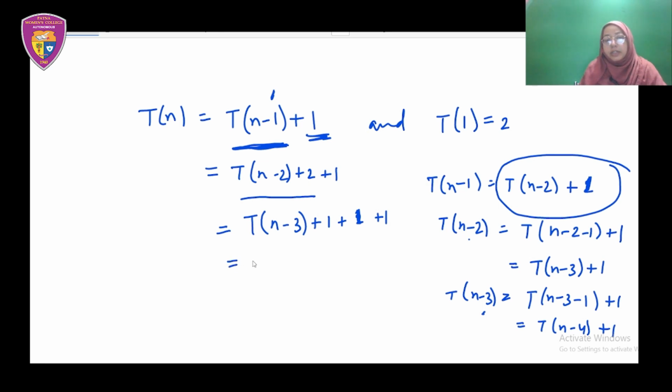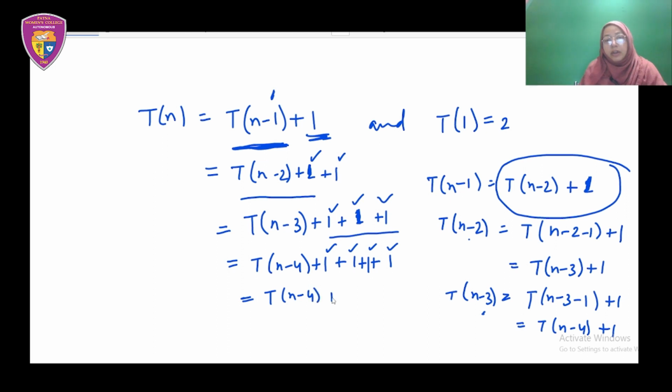So we put here T of n minus 4 plus 1, and there were already these three ones. So you can see how many ones? 4 ones. Earlier it was 3 ones, and before that it was 2 ones. So you can simply write T of n minus 4 plus 4.